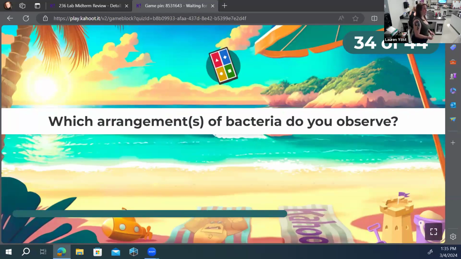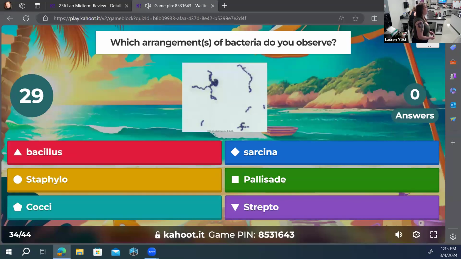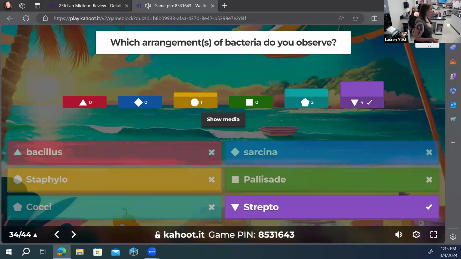Which arrangements of bacteria do you observe? Okay, good job.